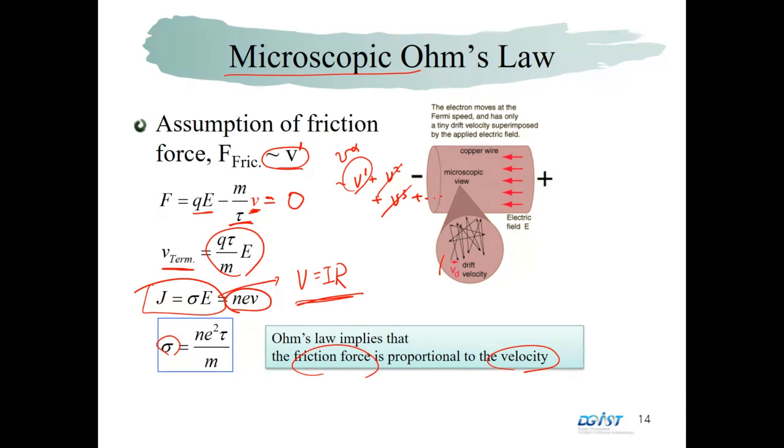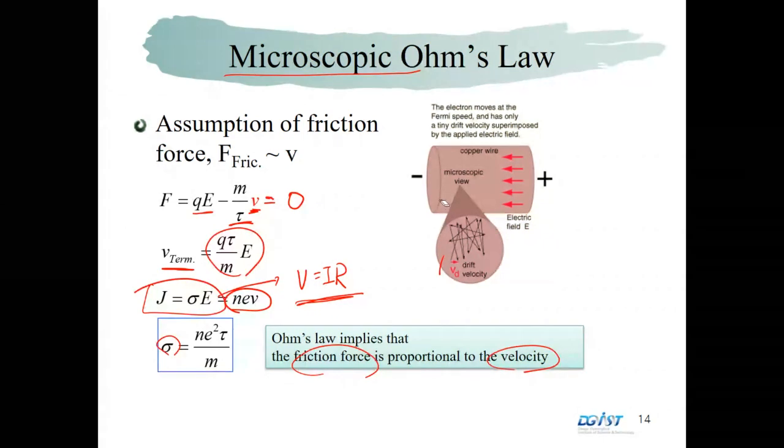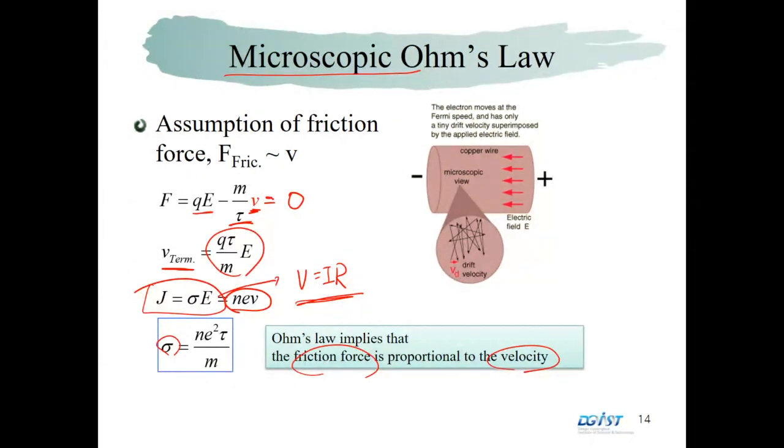So such a linear friction model is quite valid in many solid state materials, but sometimes it is not true. You can find some kind of nonlinear behavior or breakdown of Ohm's law, for example in semiconductors and many other materials. But in a metallic system, such linear behavior or linear friction model is quite a good one.